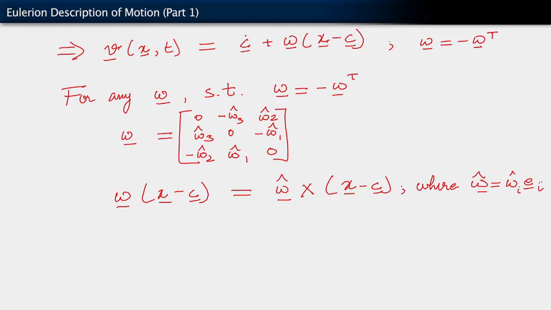Okay? And this holds for all x minus c belonging to R3. It doesn't matter that we had x minus c in particular in this expression. It could be any other vector. This always holds for any skew-symmetric tensor omega and any vector on which it acts. We can rewrite that product as the result of a vector omega hat crossed with x minus c. This symbol, of course, means for all.